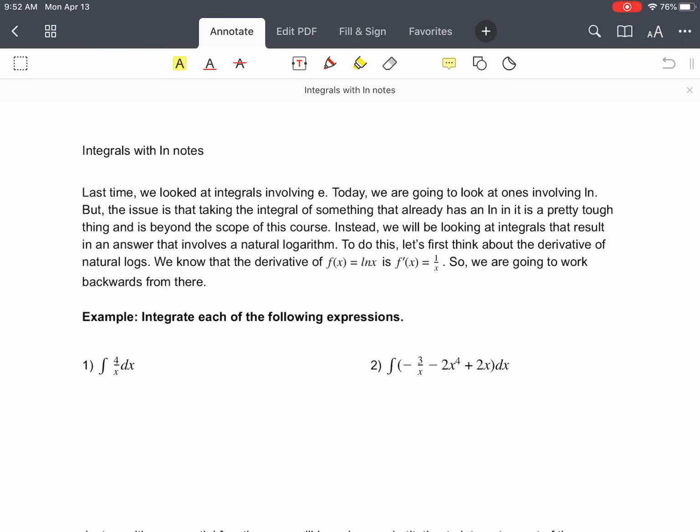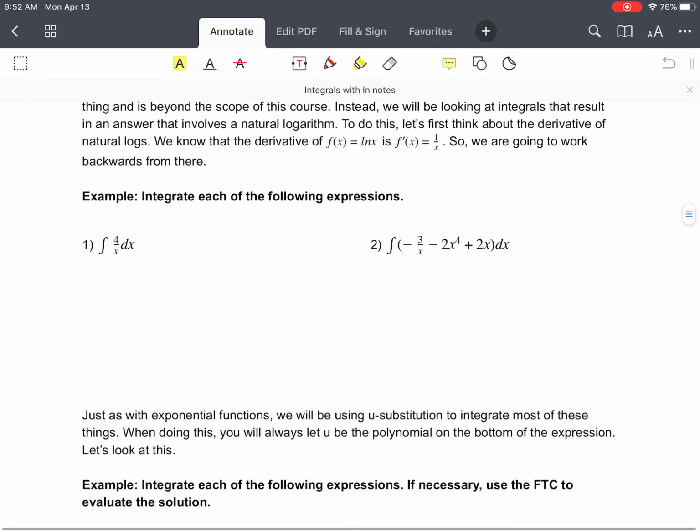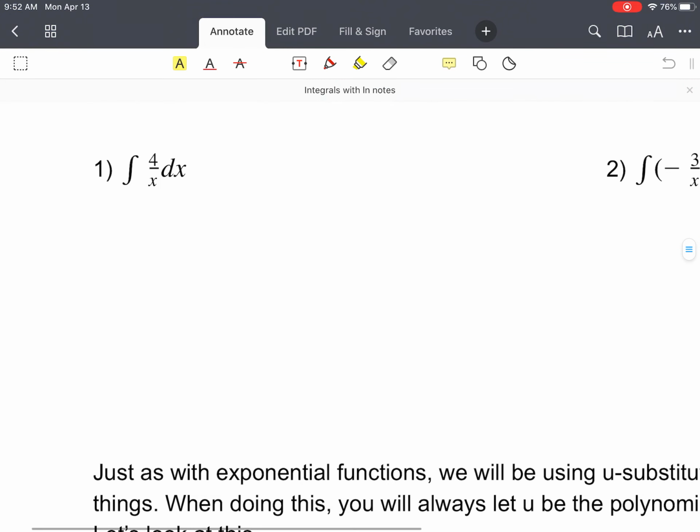We are never going to do an integral that has an ln in it already because it's just too complicated, so we're not going to worry about that. We're going to start with things in the form of 1 over x and end up with a natural log. So let's look at our first example, number 1.